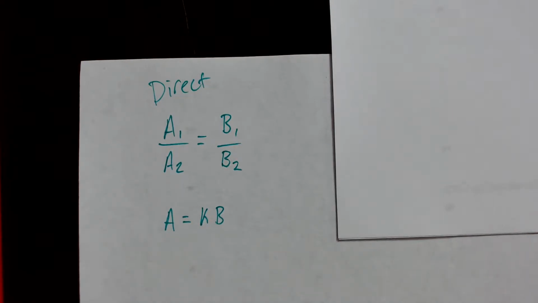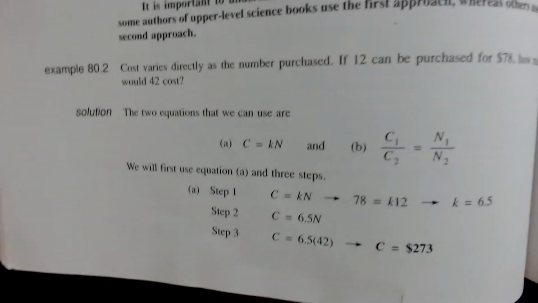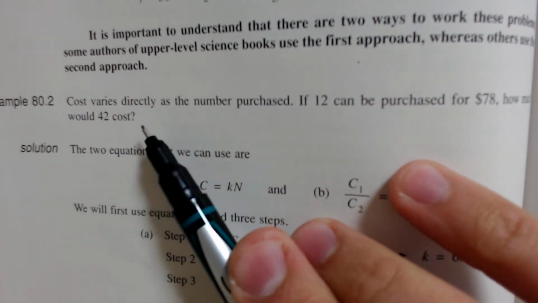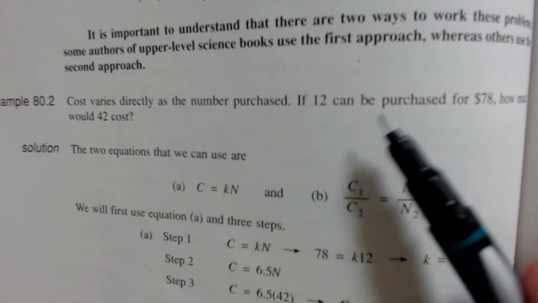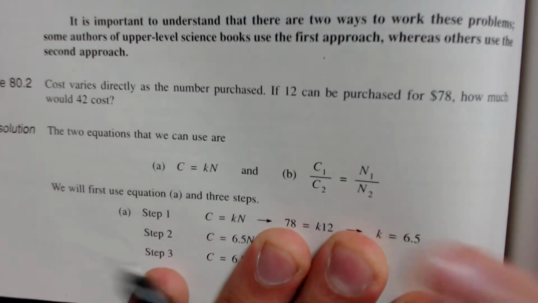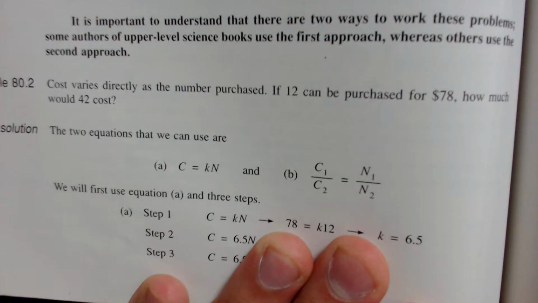Let's look at this example here, 80.2. They tell us cost varies directly as the number purchased. If 12 can be purchased for $78, how much would 48 cost?